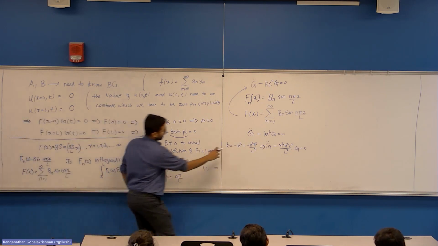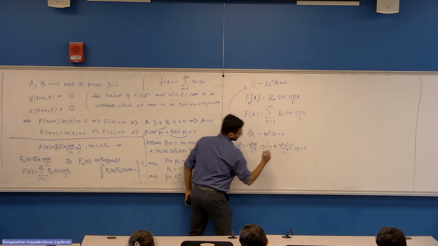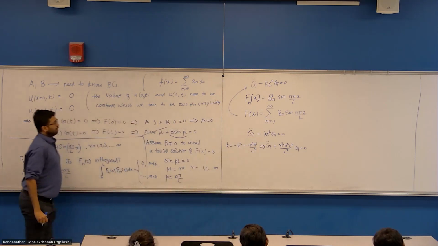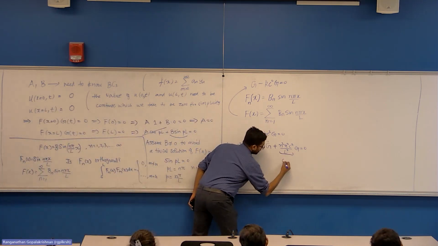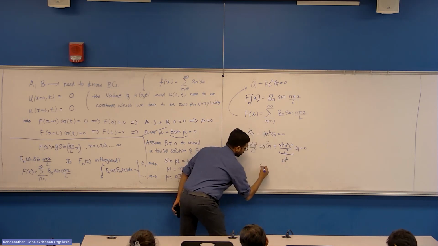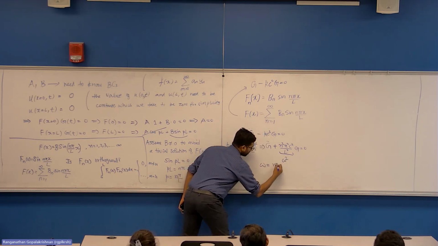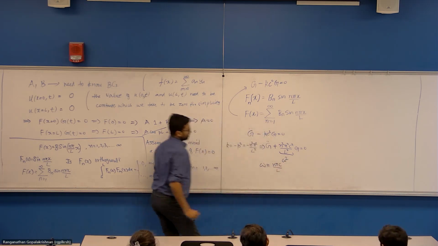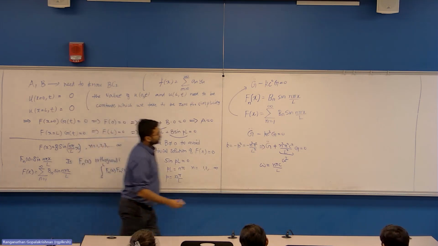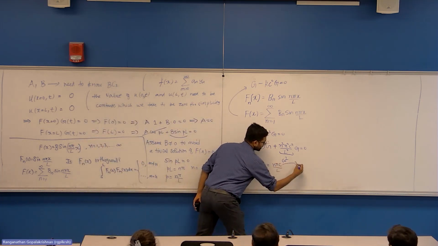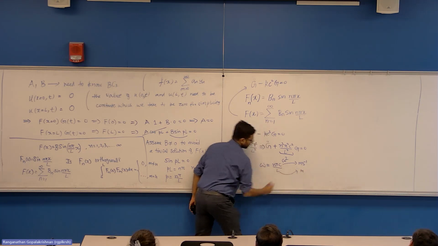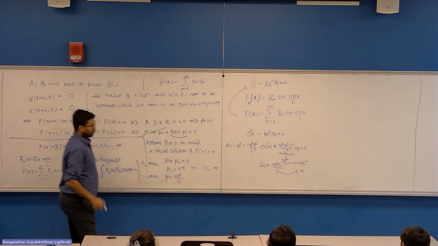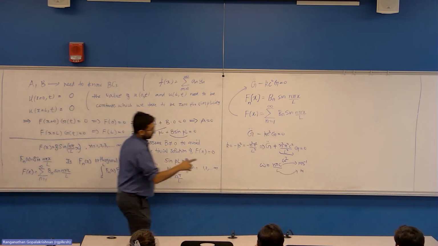Sorry, I have a negative sign here, so I should have a positive. And this combination of symbols, I'll call it omega squared. Omega equals n pi c over L. C is usually a wave speed, which has units of say meter per second, and length is meters, which gives you a pure number, which gives you a frequency.